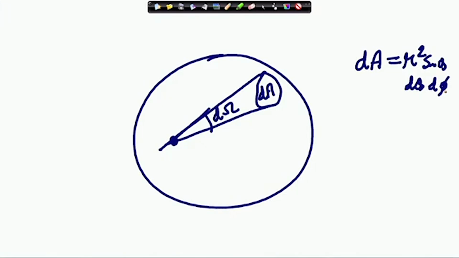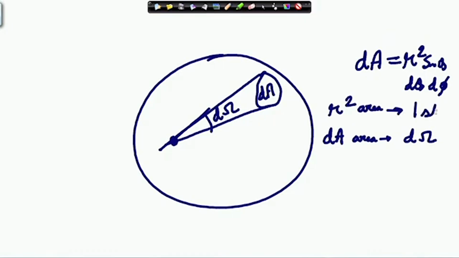So, I can write that a dA area subtends an angle of d omega, or I can state that an r square area subtends an angle of 1 steradian. So, dA area will subtend how much angle? This will be dA by r square, and that is nothing but d omega.